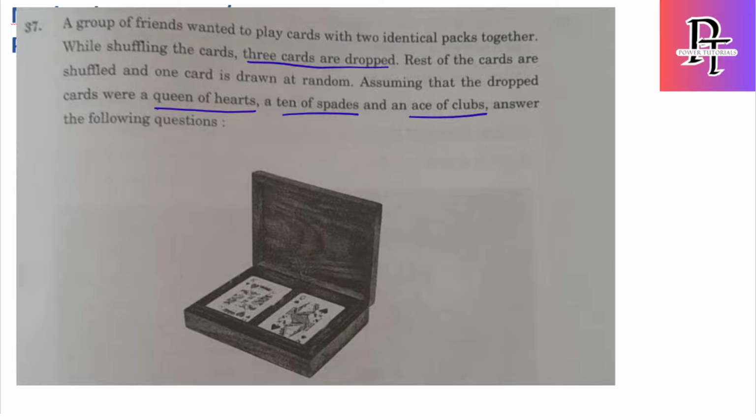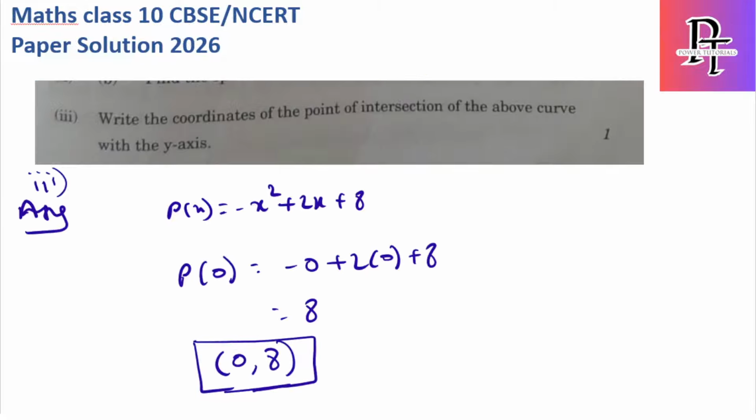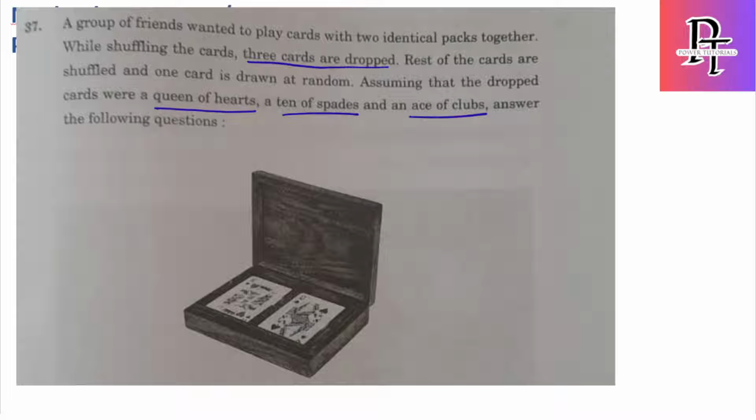So those 3, with color, I will write here. Queen of Heart: we have one. Queen of Heart will be generally which color? Queen of Heart is always red in color. There is no need to write this in an exam, but for your understanding I am writing it here so that it will be easy. We have Queen of Heart, and then Ten of Spade.